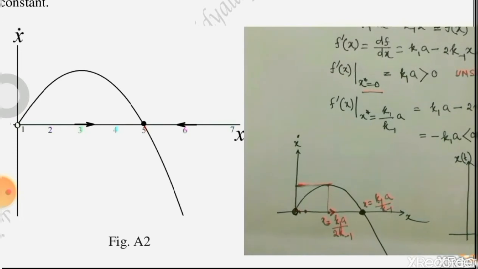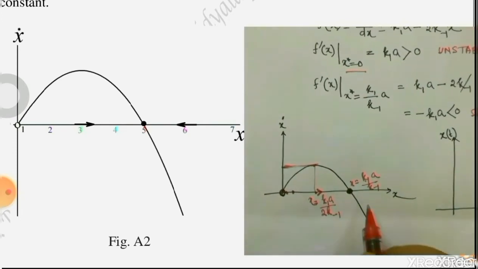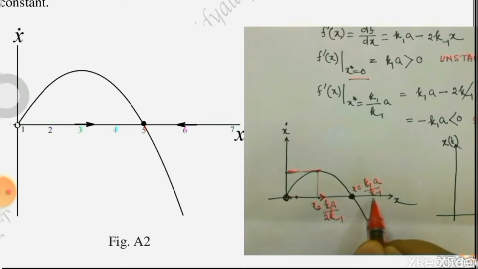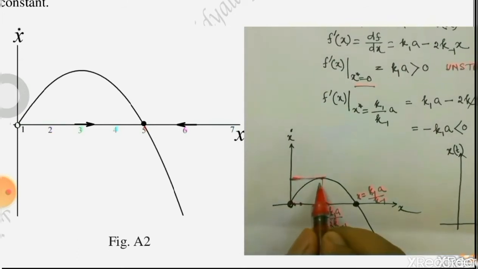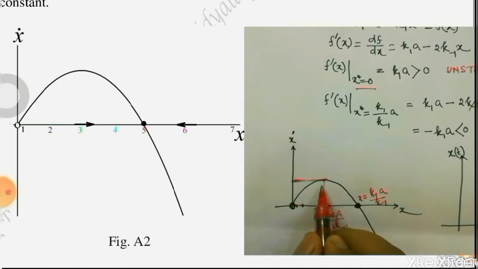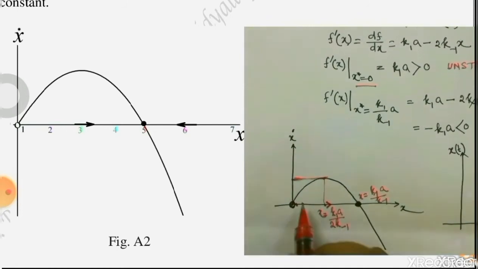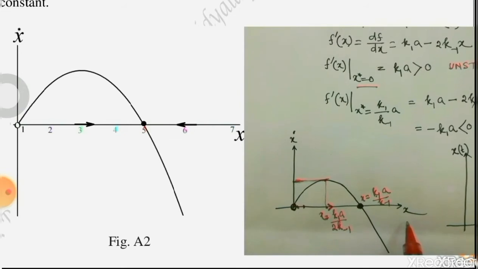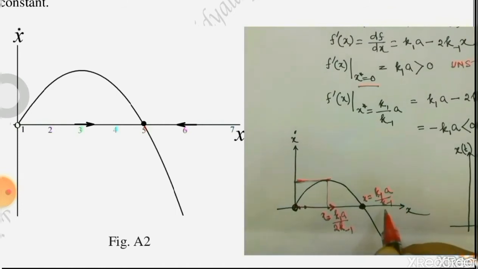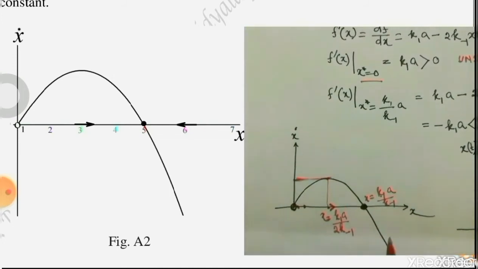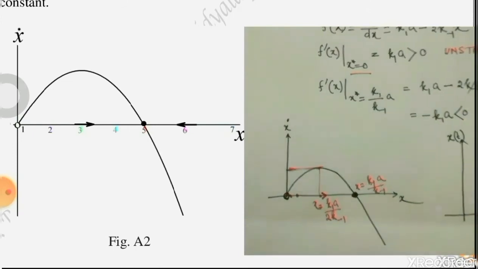So whenever x starts from a value below k1a by k minus 1, the concentration will increase rapidly as x dot increases with the increase of x, and then as x dot decreases with x, the increase of concentration x with time will be slower, but then also x will increase, and finally it will reach a value of k1a by k minus 1, and at this value the concentration of x will be settled.